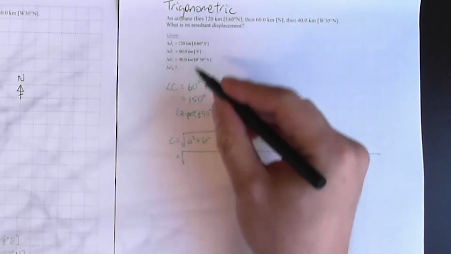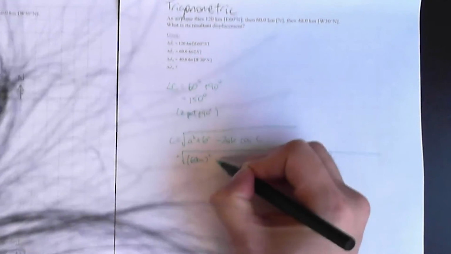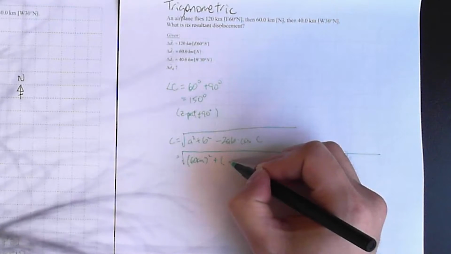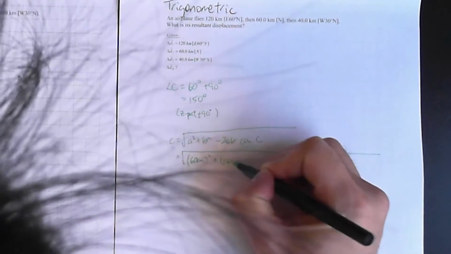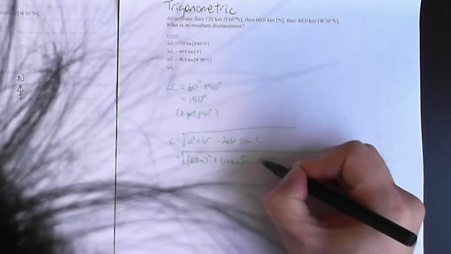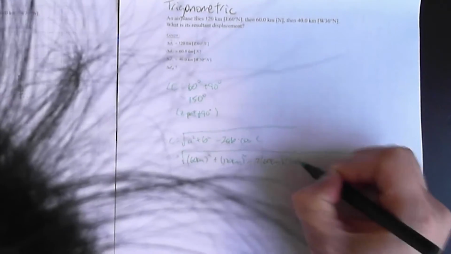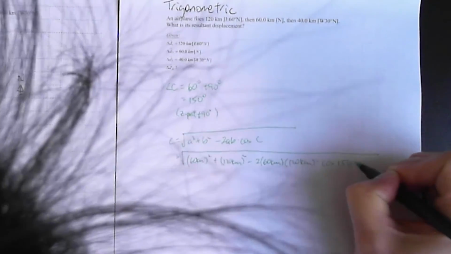A is D2, and D2 is 60 kilometers, so 60 kilometers squared plus D2, or sorry, B, which is 120 kilometers, minus 2 times 60 kilometers times 120 kilometers times the cosine of 150 degrees.